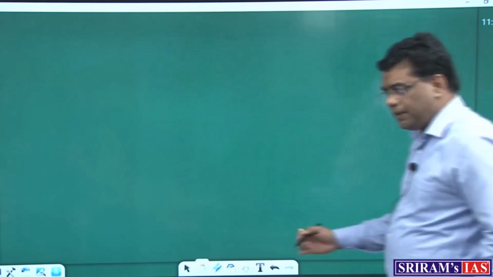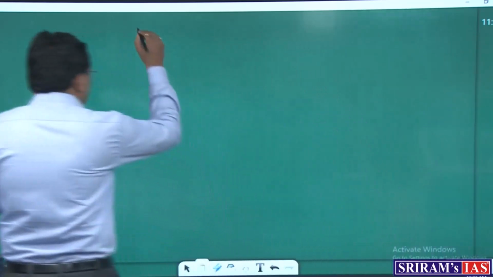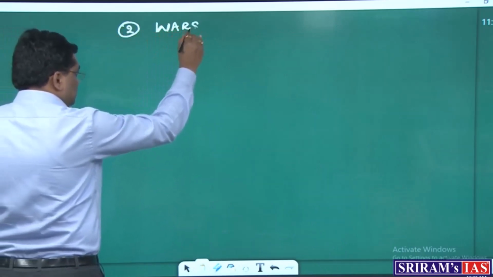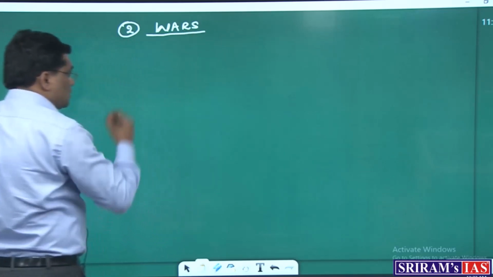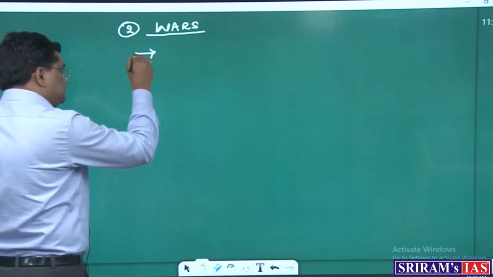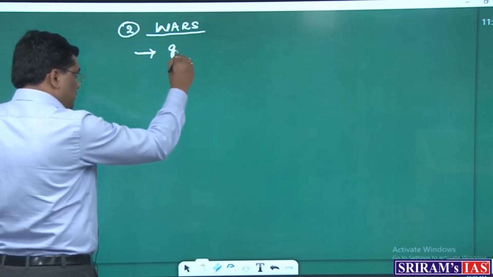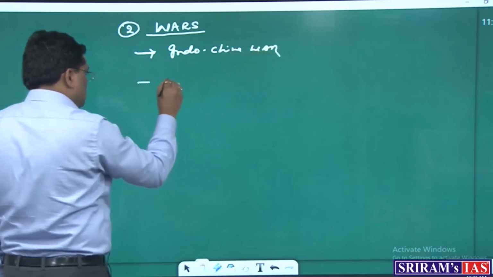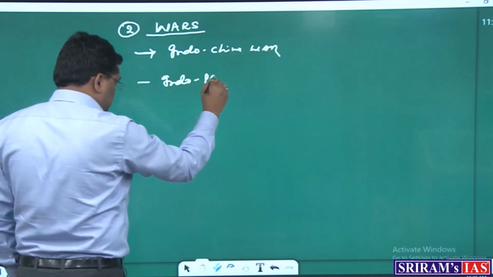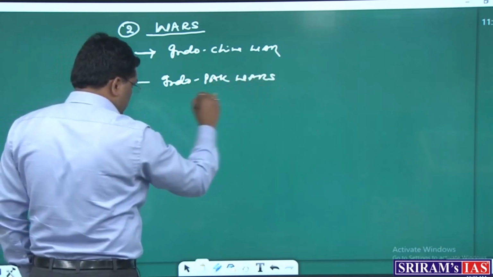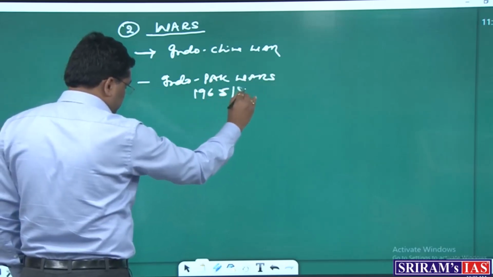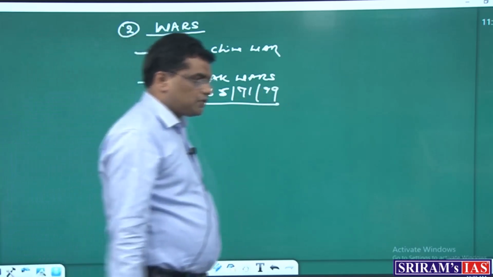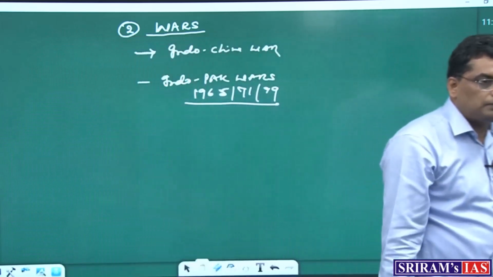Then post-independence we will immediately shift to the wars. Indo-China War, Indo-Pak Wars, '65, '71, '99, that is Kargil War.